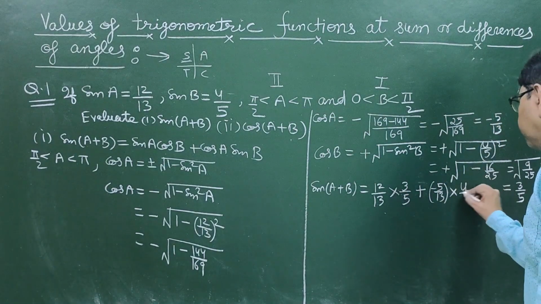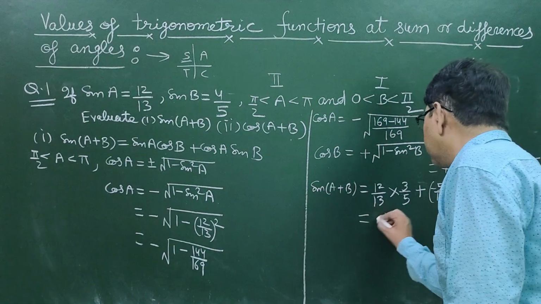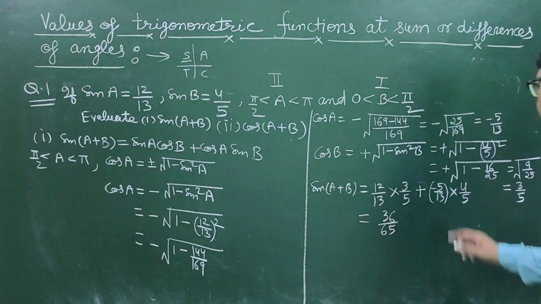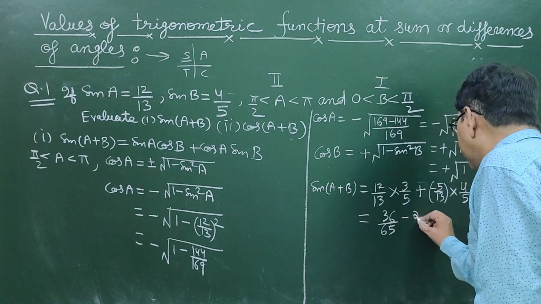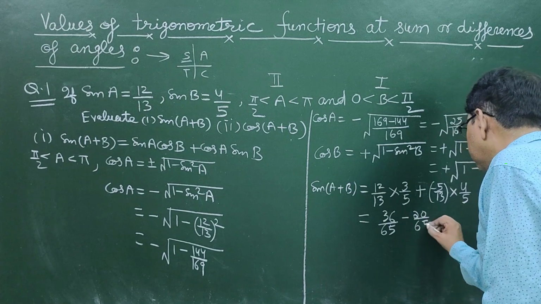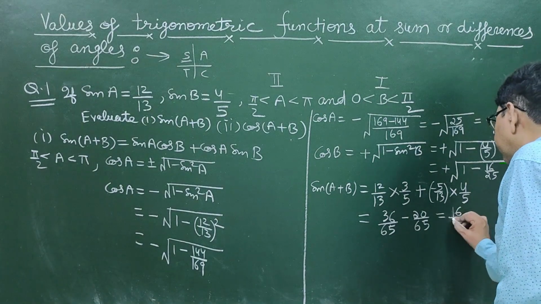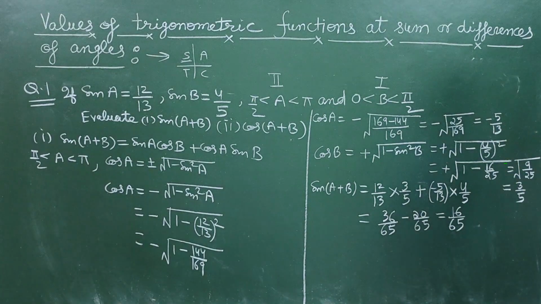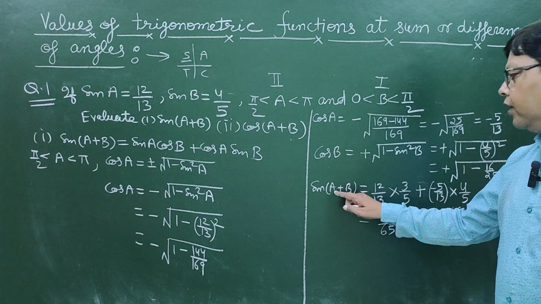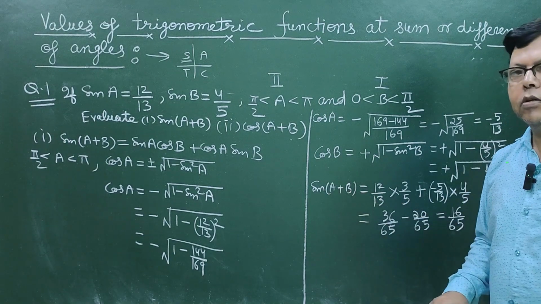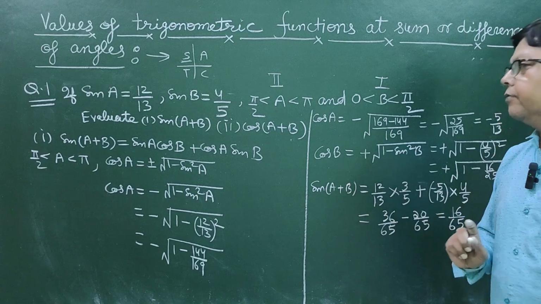So into 4 upon 5. Now this is equal to 36 upon 65 minus 20 upon 65, which is equal to 16 upon 65. So we have got the value of sin of the sum of angles A plus B.